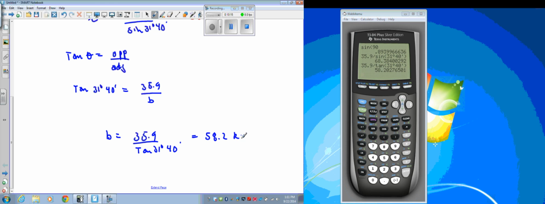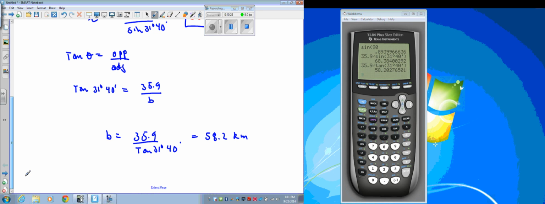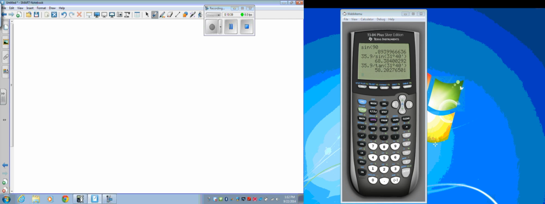And this is kilometers. That was the same thing with this. This was kilometers. So there should be our two answers. I'm going to do 16 because it gives us, notice, it gives us the two sides.